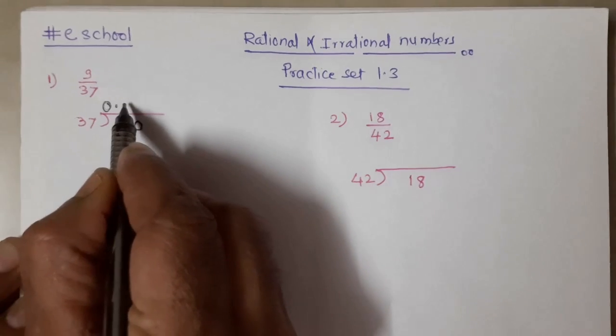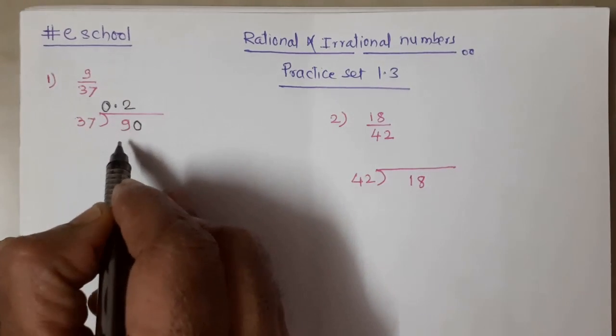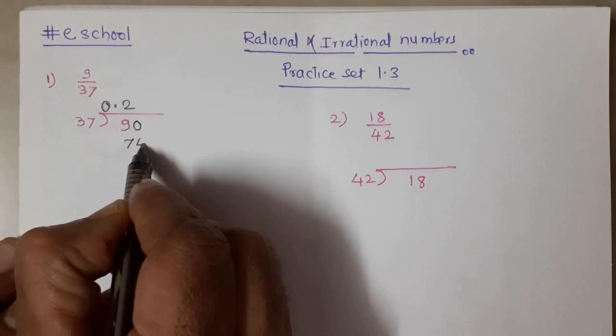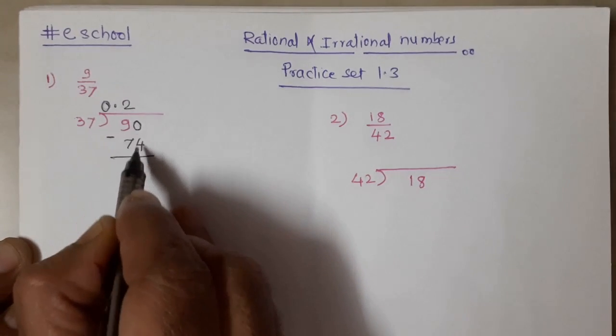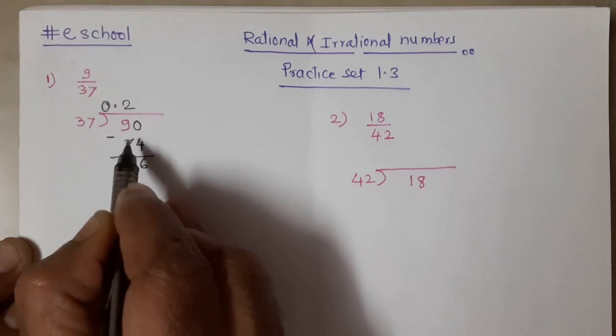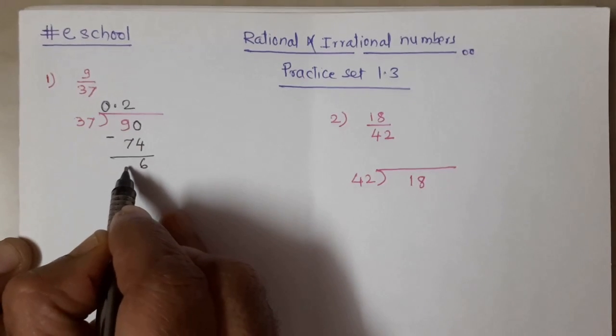37 twos are 74. So we have to subtract it. 10 minus 4 is 6, 9 minus 7 is 2.